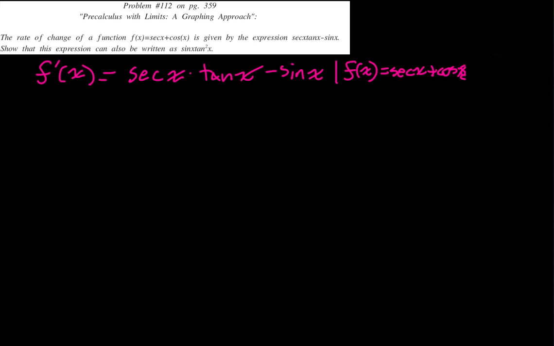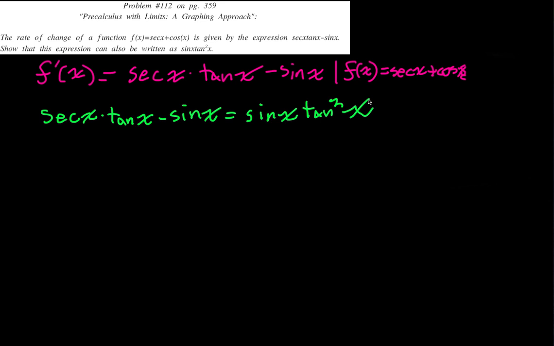So the biggest statement of this problem, I'm going to go with green: the secant of x times the tangent of x minus the sine of x is equal to sine of x times tangent squared of x. So this is their main statement in the problem.